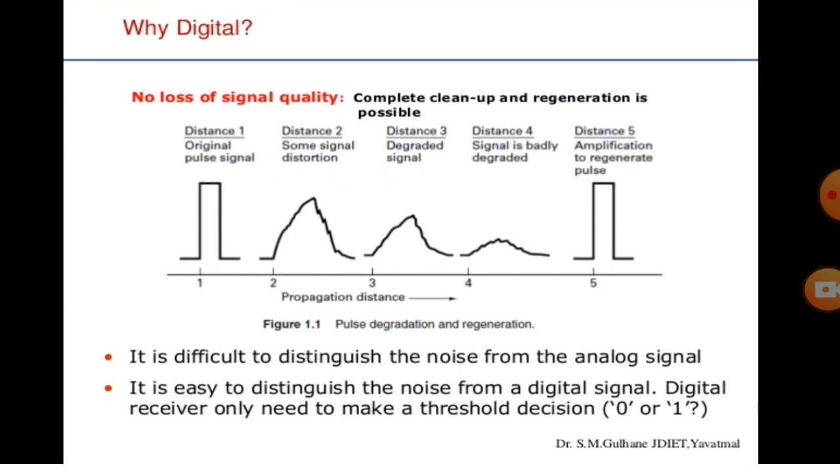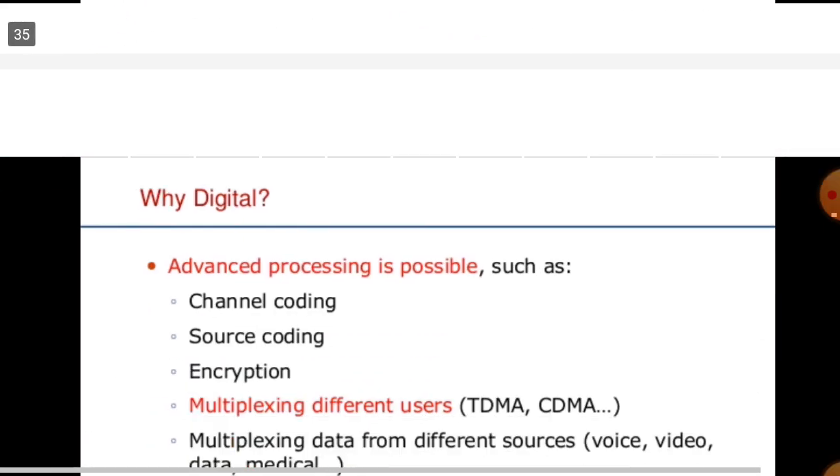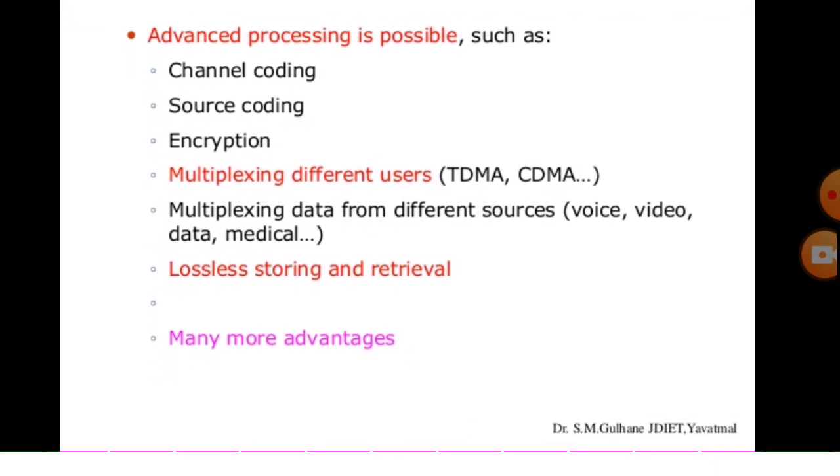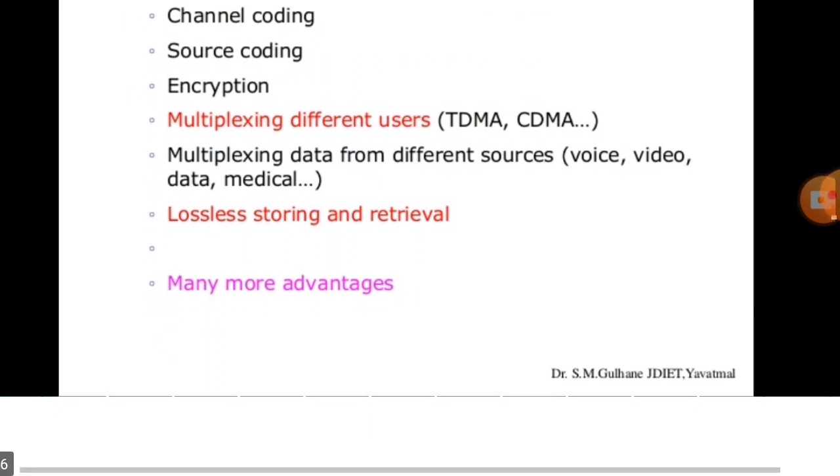A digital receiver only needs to make a threshold decision, that is 0 or 1. Why is digital necessary? Advanced processing is possible, such as channel coding, source coding, encryption, multiplexing different users, TDMA or CDMA, multiplexing data from different sources, voice, video, data, etc. Lossless storing and retrieval. Many more advantages are there.